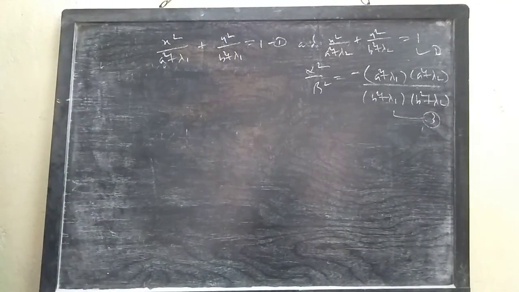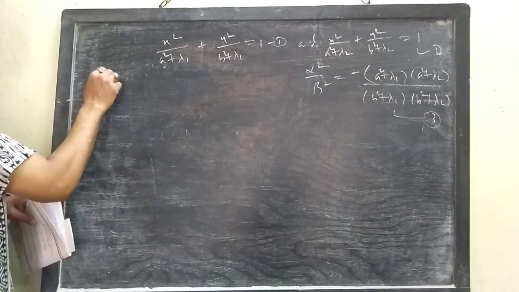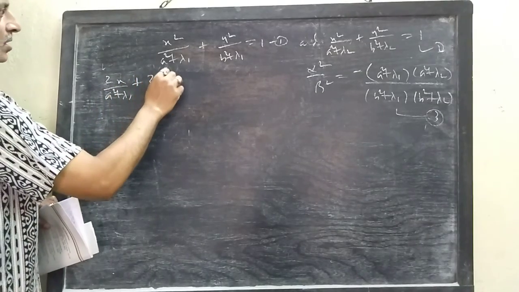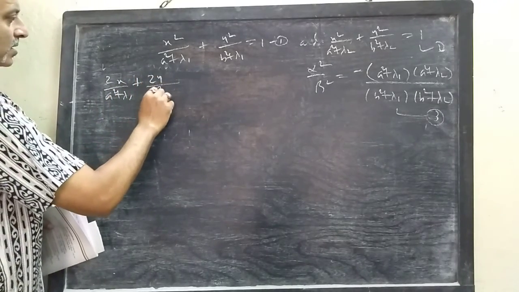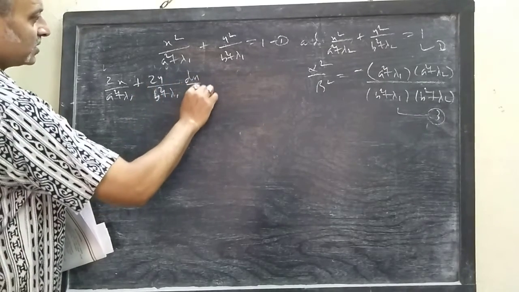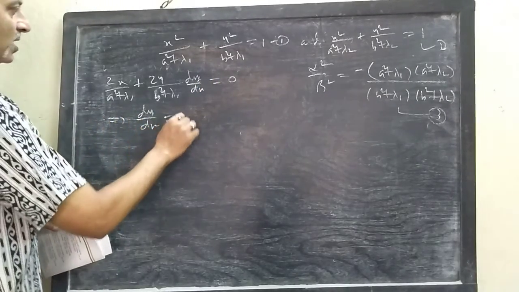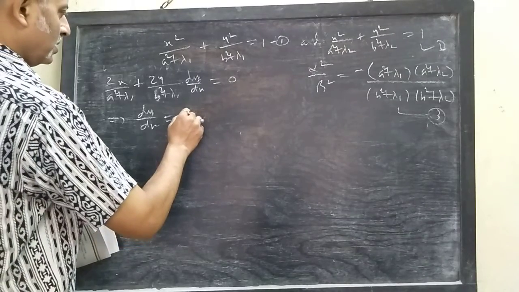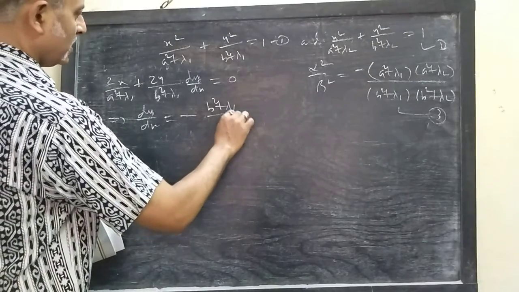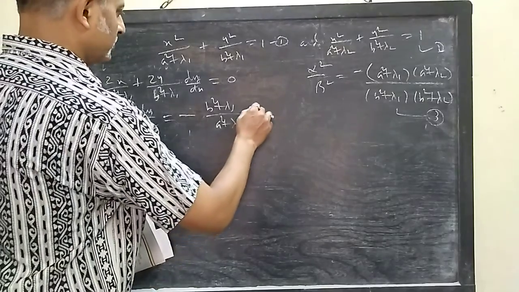Next our duty is to find dy dx from both the curves. By differentiating both sides of 1 with respect to x, we get 2x by a square plus lambda 1 plus 2y by b square plus lambda 1 into dy dx equal to 0. We get dy dx equals to minus b square plus lambda 1 by a square plus lambda 1 into x by y.